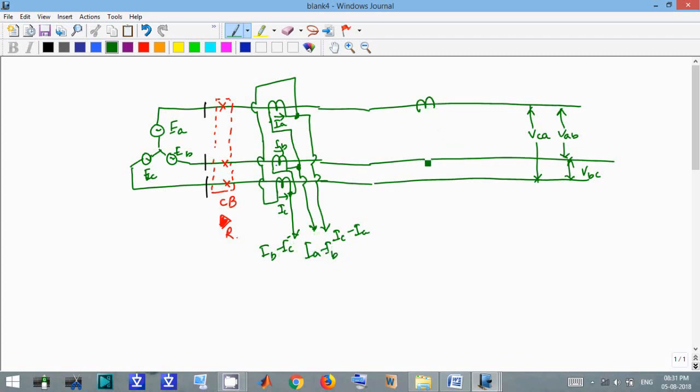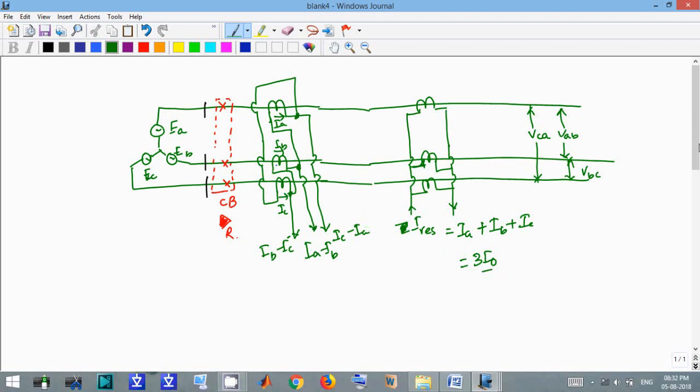And if we want to get the zero sequence current, this is our residual current actually, which is IA plus IB plus IC, and that is equal to 3I0. Okay, we can calculate the I0 from here also.